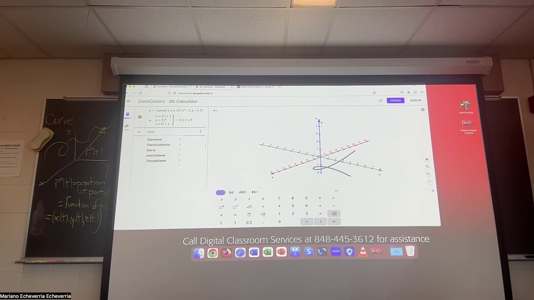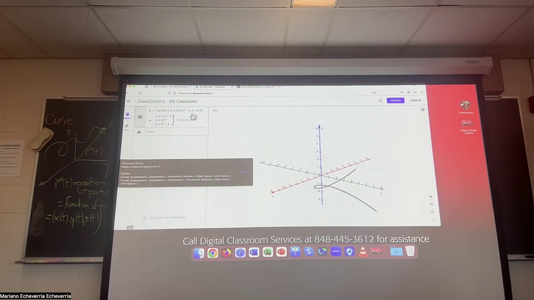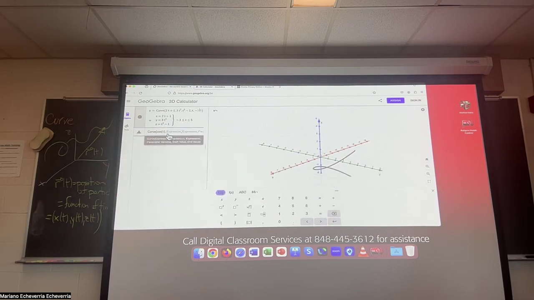Let's just do it again with cosines, because this is another useful one. So now cosine of T, sine of T, then T, then let's say from -3 to 3. Okay, let me show this one with cosines.